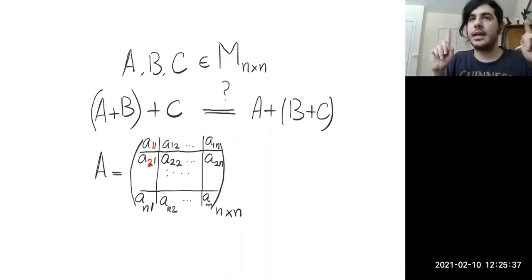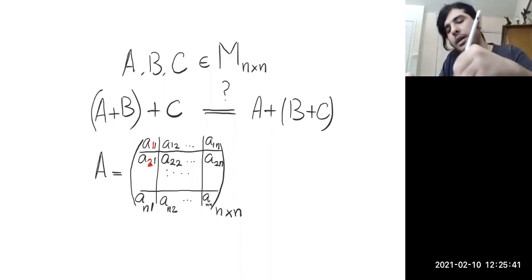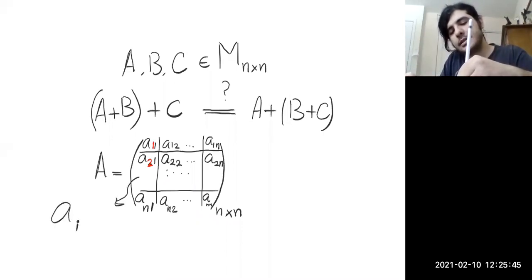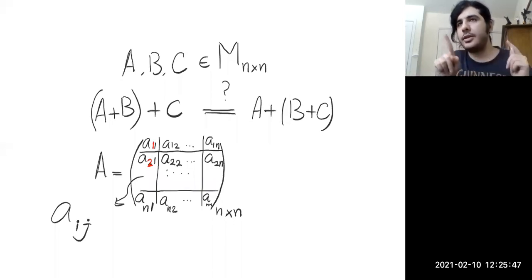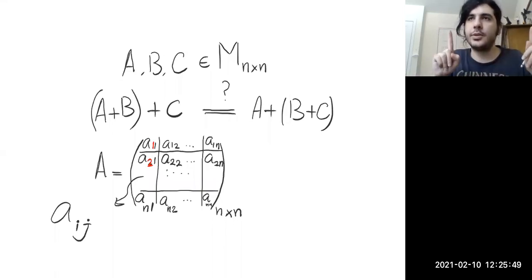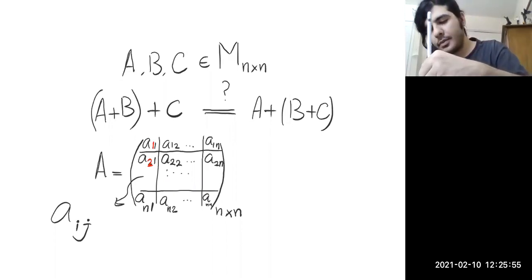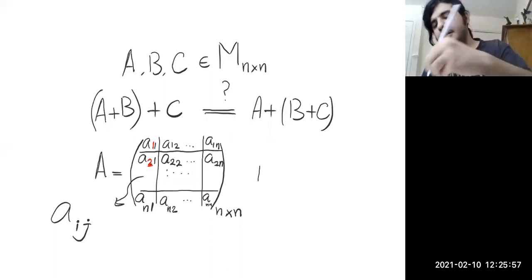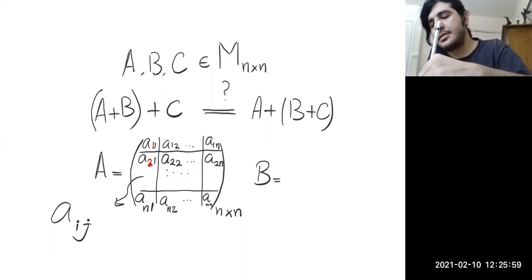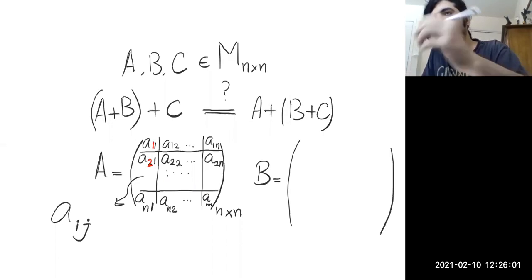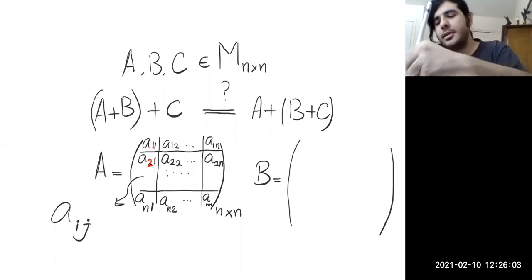And these numbers Aij, where i and j are just two, so these numbers A with two indices, i and j. These i and j are just natural numbers between 1 and n. These are all real numbers. B, in a similar way, is again a table of numbers, real numbers.